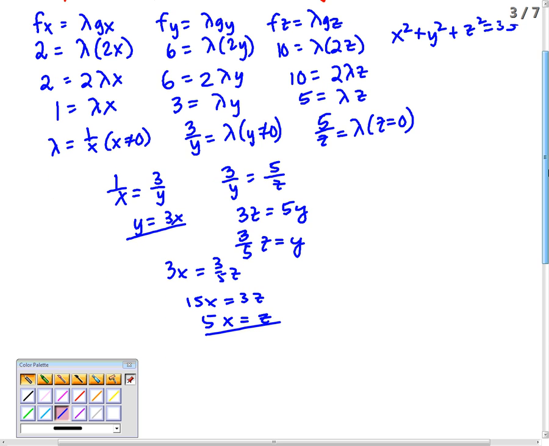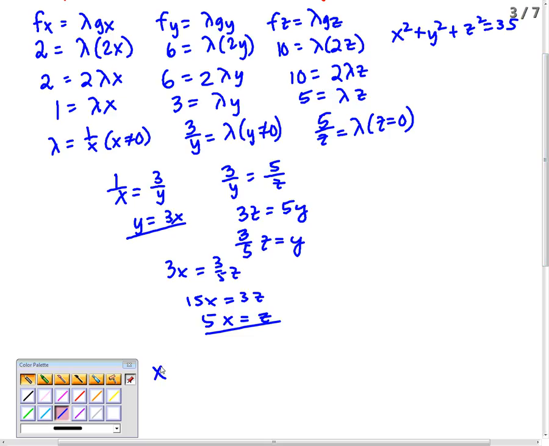Sometimes it's getting a little hairy. Okay, so I have x squared plus y squared plus z squared: x squared plus 9x squared plus 25x squared equals 35, check me. Do silly things sometimes.